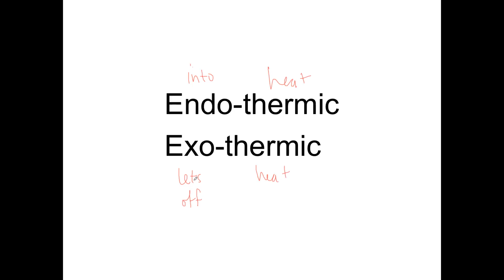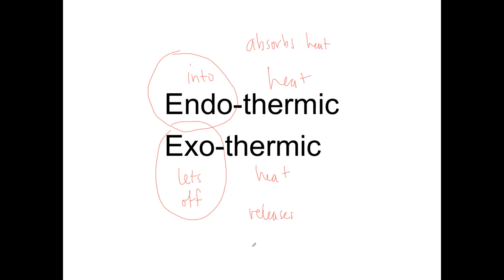Can you see exo and lets off? And endo is into. So endothermic is something that absorbs heat, and exothermic is something that releases. I think Tro uses the term evolves heat. So that's what endo and exothermic reactions or processes are.